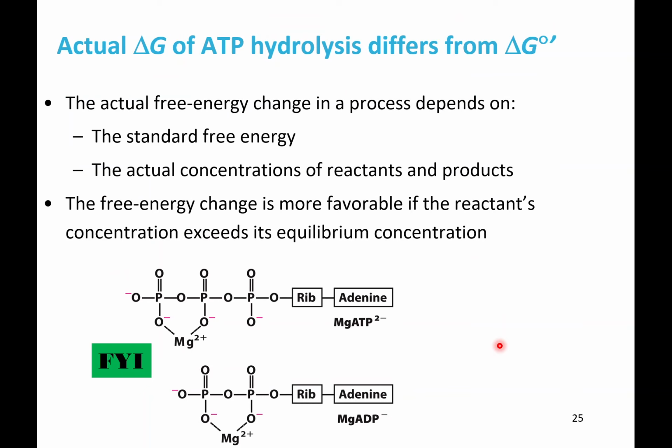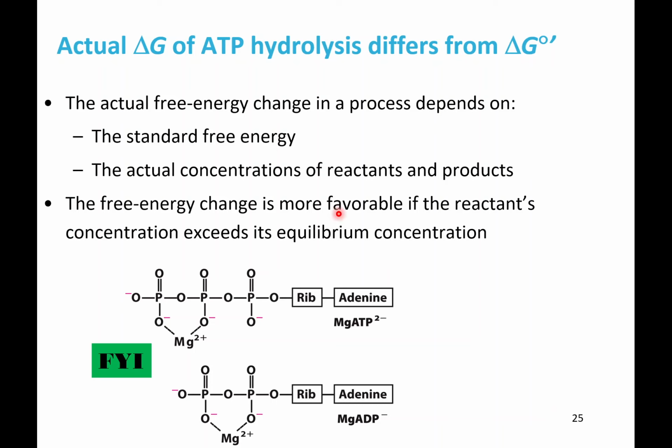Okay, the actual delta G of ATP hydrolysis differs from the standard state delta G. The actual free energy change is going to depend on the standard free energy, but then also the actual concentrations of the reactants and the products. So it does vary a bit.